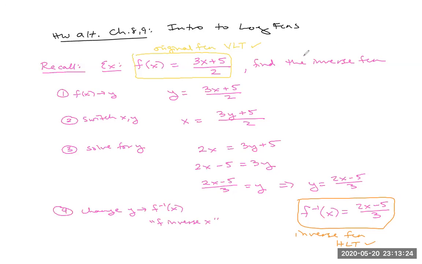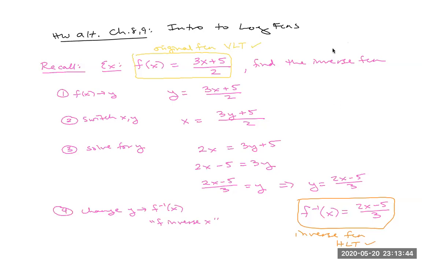All right, now these will be one-to-one functions. So we'll also find out that the horizontal line test and vertical line tests are passed for both of them. But don't worry about that technicality. Just want you to think about how we did the process of getting to an inverse function.